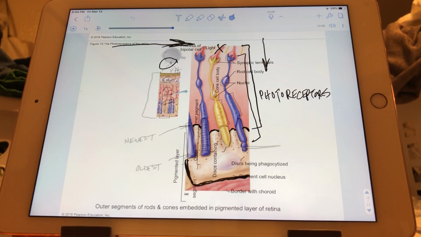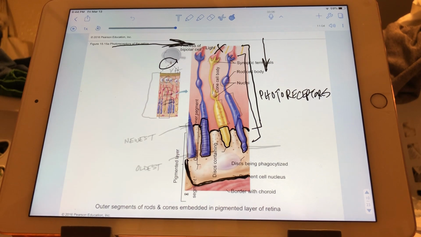Okay, and notice that much of the outer segment is actually embedded in those phagocytosing pigmented cells of the retina. So this is an outer segment, rod-shaped, therefore that's a rod. This is an outer segment, cone-shaped, therefore that's a cone.